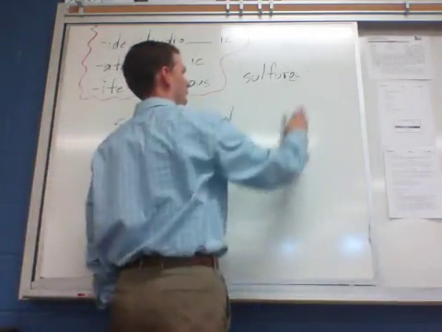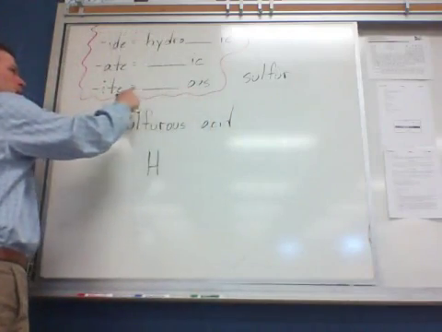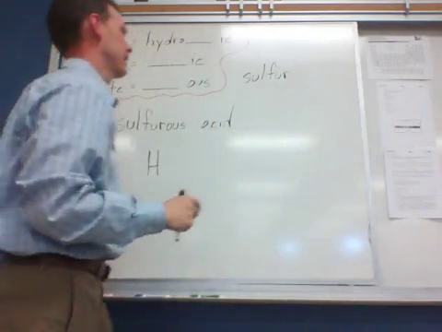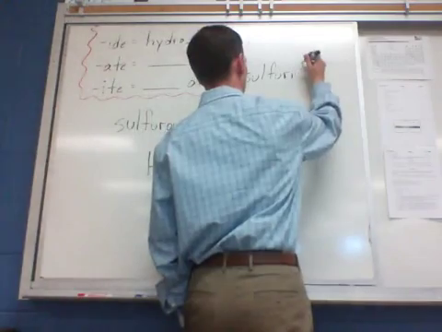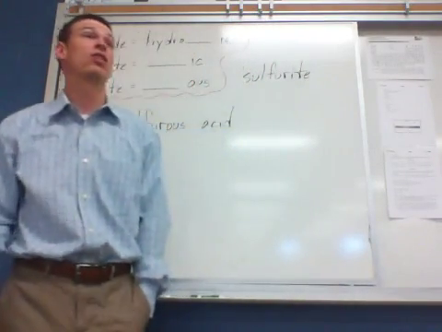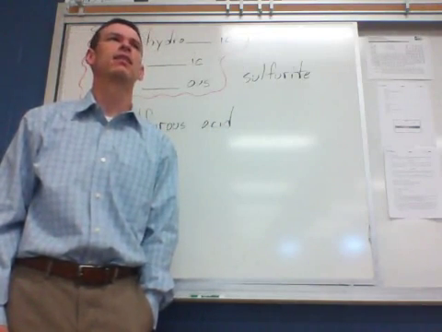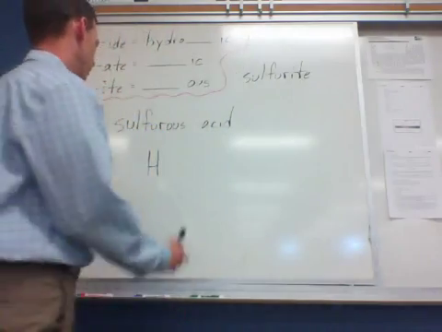So before it ended in ous, it ended in ite. It looks like sulfurite. What you'll find is sulfite. What is the formula for sulfite? SO3.